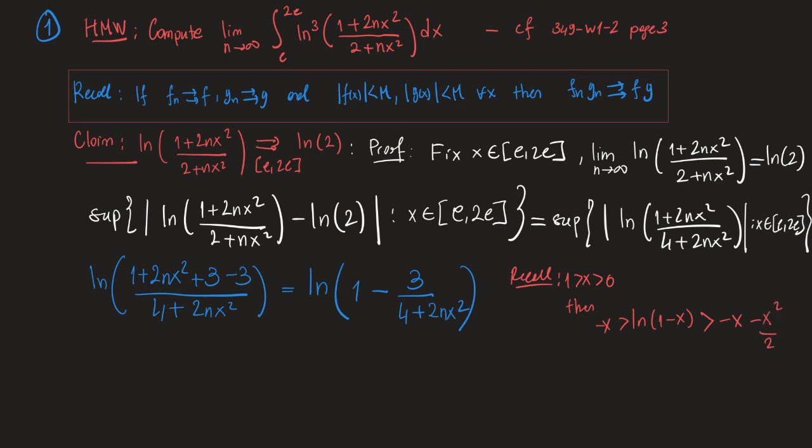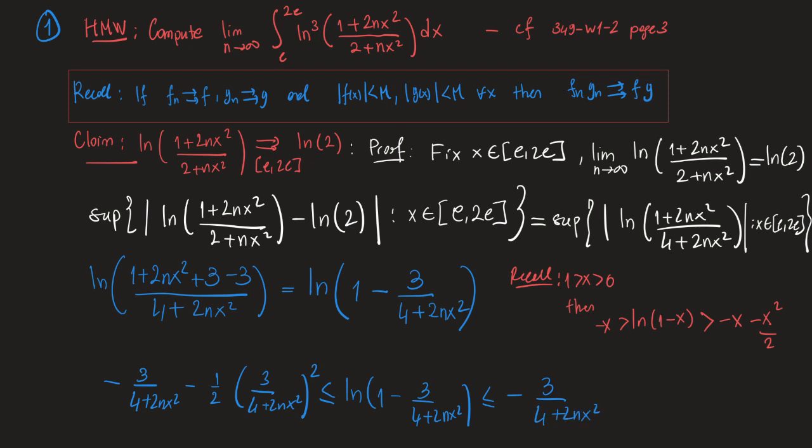In our case, this ln of (1 minus 3 over (4 plus 2nx squared)) is greater than minus 3 over (4 plus 2nx squared) minus 1 over 2 times (3 over (4 plus 2nx squared)) squared, and less than minus 3 over (4 plus 2nx squared).